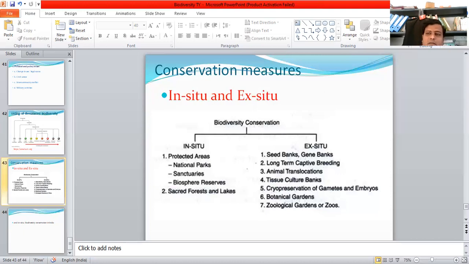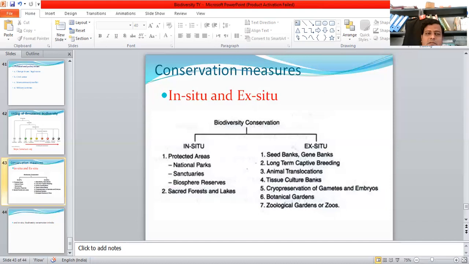Another method is botanical gardens. A botanical garden is a place where species are preserved. Most of them have started keeping exotic plants for education and research purposes.